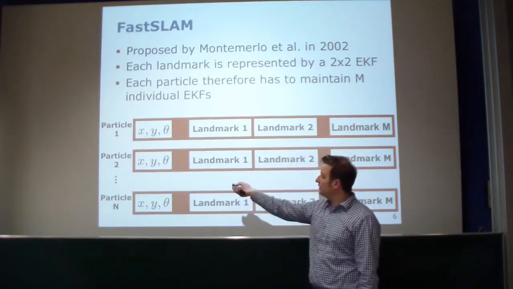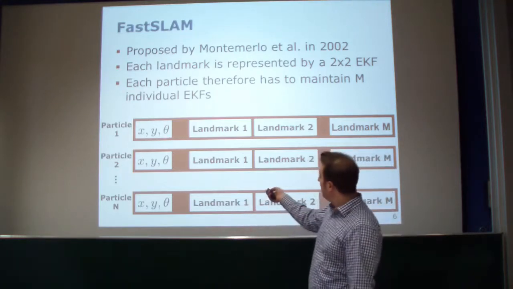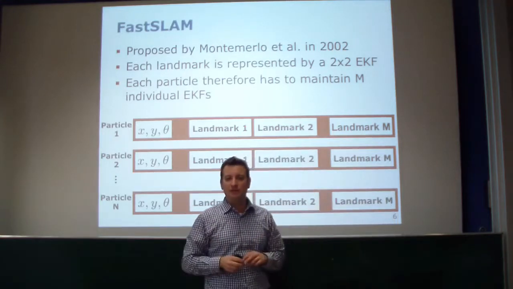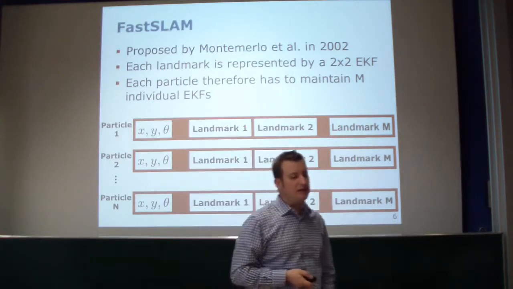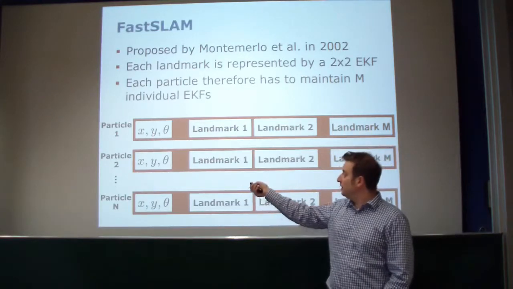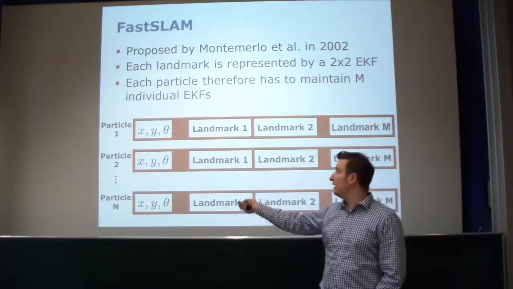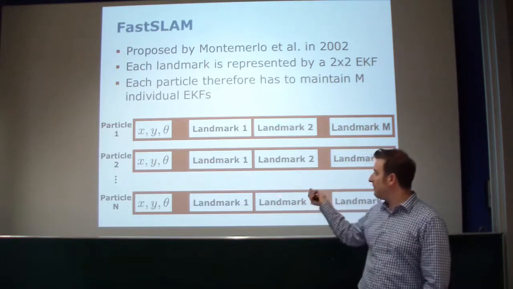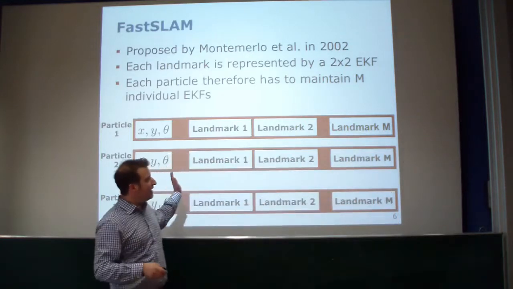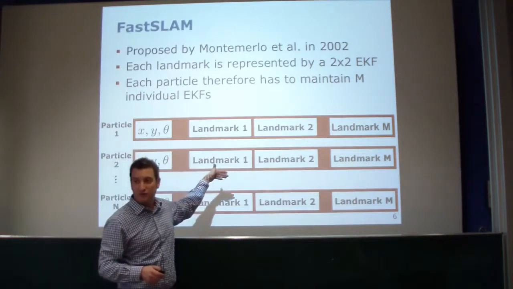So every particle, it's kind of sketched here, has its pose estimate, x, y, theta, and landmark estimates. And these landmark estimates are small 2x2 Kalman filters. And so then you can actually run this particle filter. The system samples only the poses, the particles, and then updates the map according to the sampled poses, and in this way has a multimodal belief about it, including the trajectory and the landmark estimates.